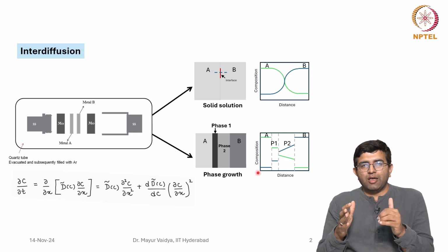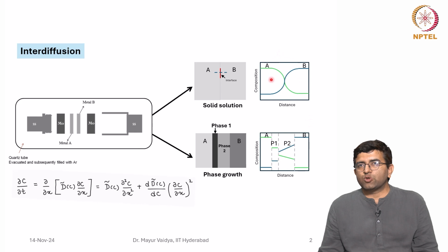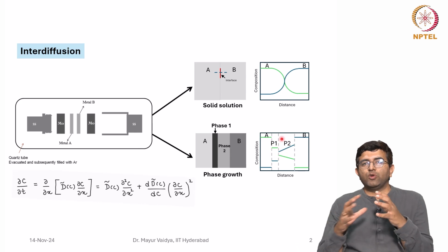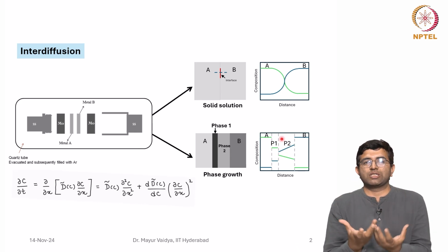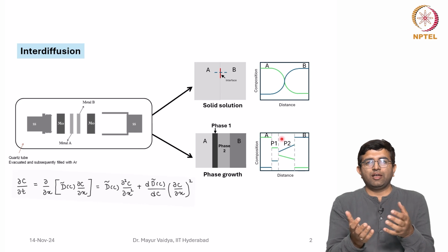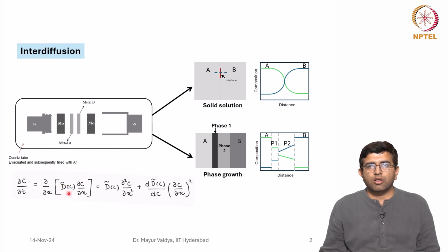But it should now be intuitive to you that when there is so much change in composition, and you also have different phases, the diffusivity cannot be assumed to be constant. So now you cannot take the D out of this derivative. Earlier, you remember, this was the part where the first law was used, and this was the part which came from the equation of continuity.